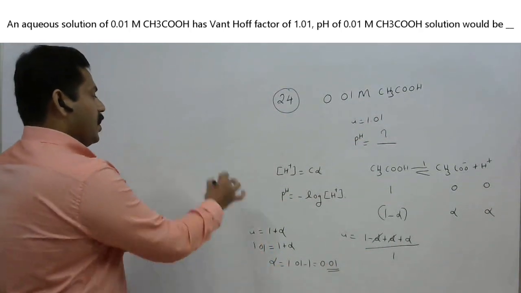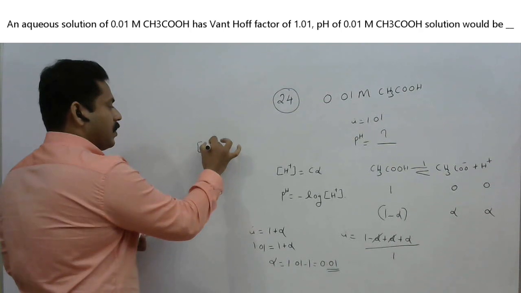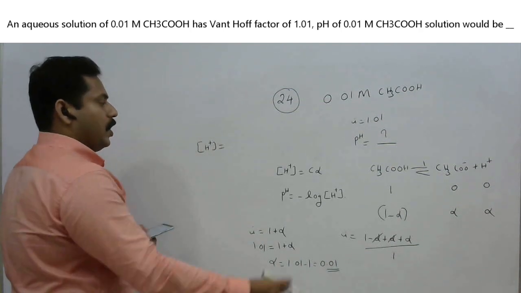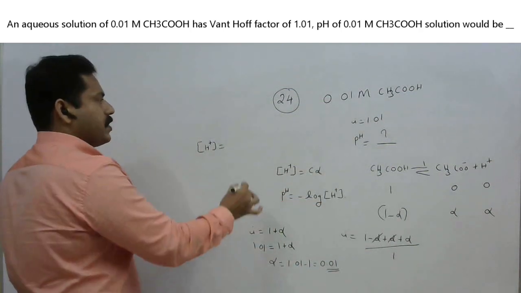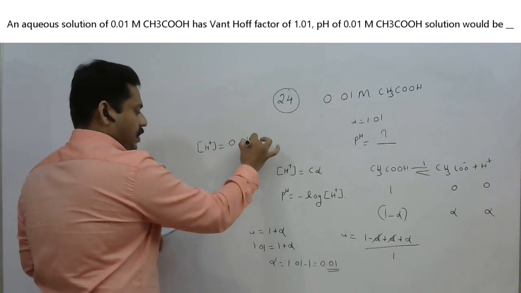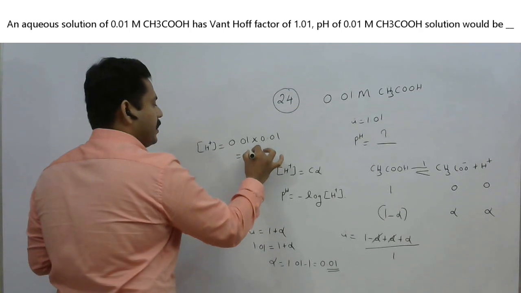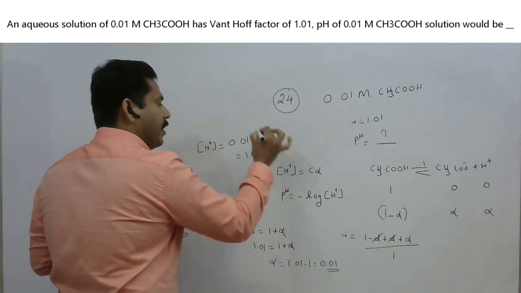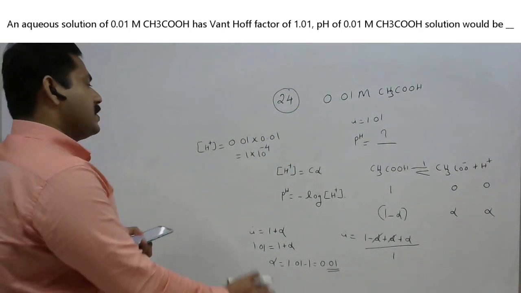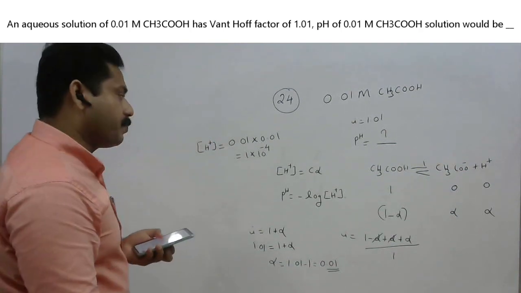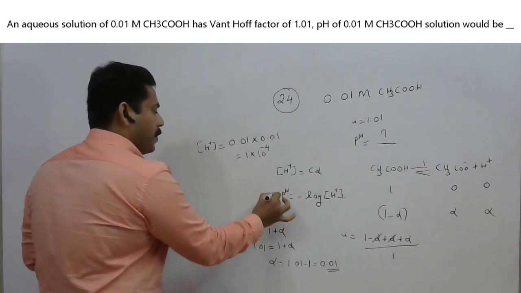So what is the value of concentration of H plus? Concentration of H plus is equal to C alpha. The concentration given is 0.01 into 0.01, so I can write it as 1 into 10 raised to minus 4, correct? Once I get the concentration of H plus, I can find the pH.